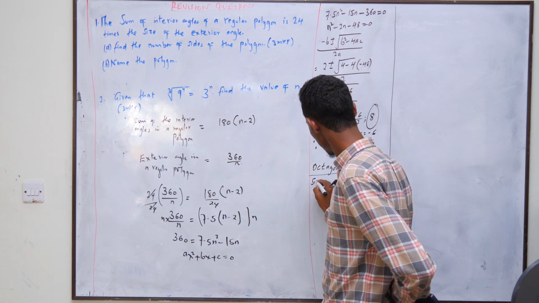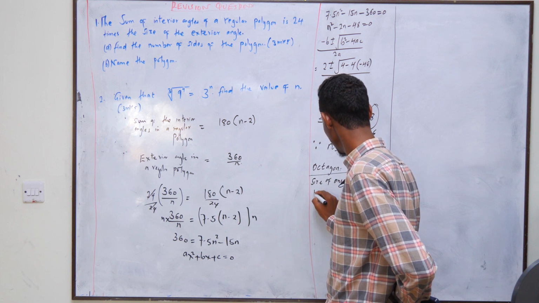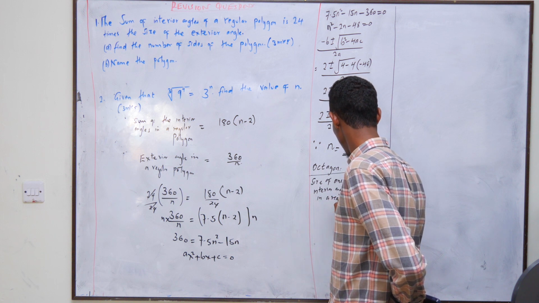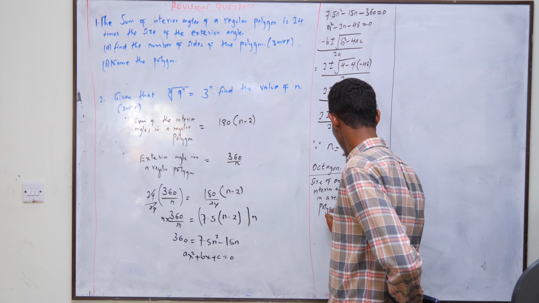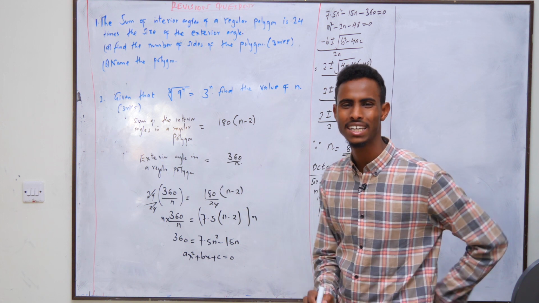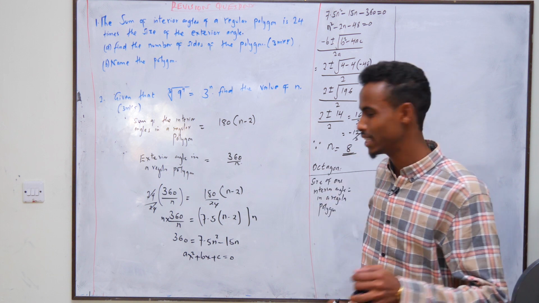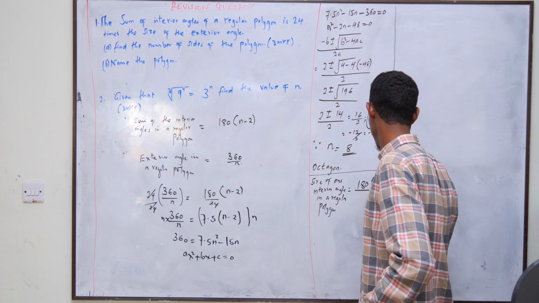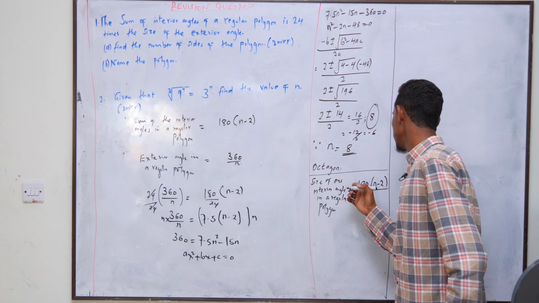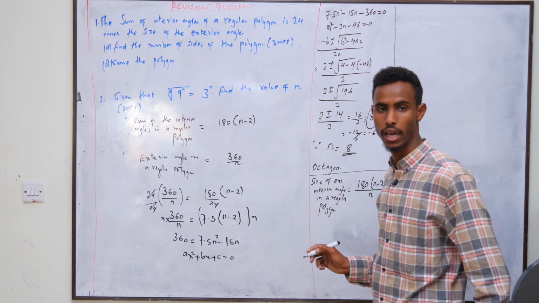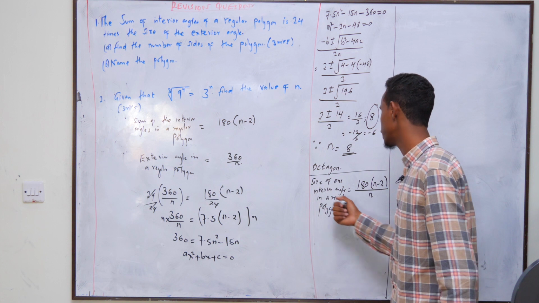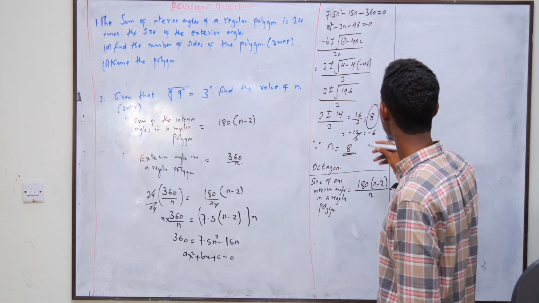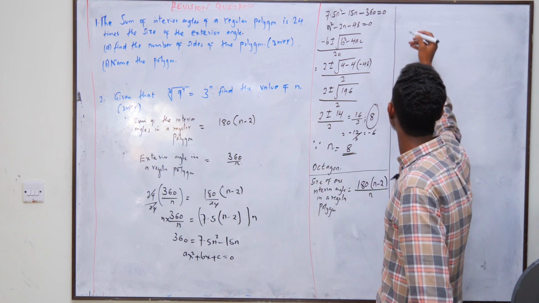The formula for finding the size of one interior angle in a regular polygon is given as 180 into bracket n minus 2, divided by n. When you calculate 180 into bracket n minus 2, you get the sum of the angles. You divide by the number of sides, then you get the size of one angle of a regular polygon, and that is it. Finally, question number 2.